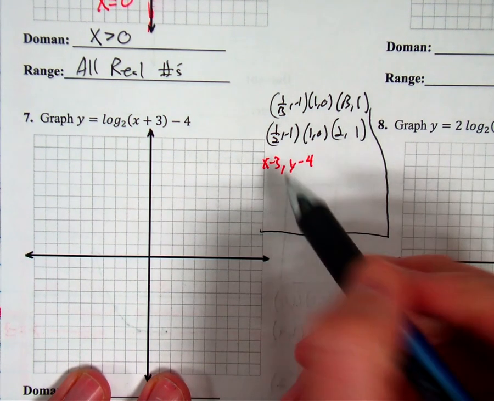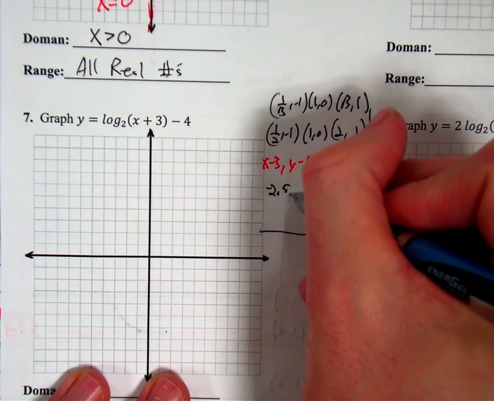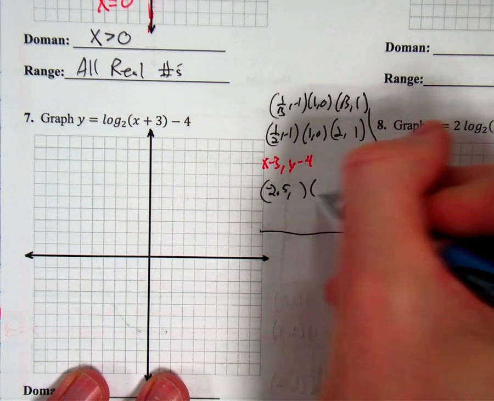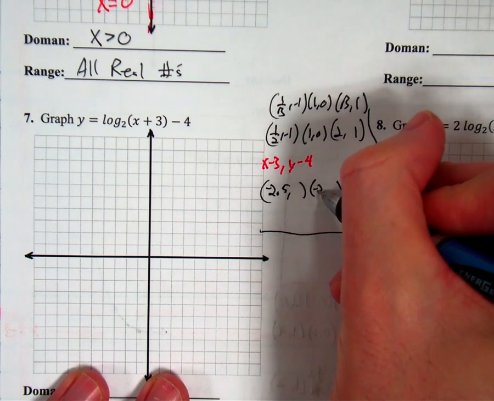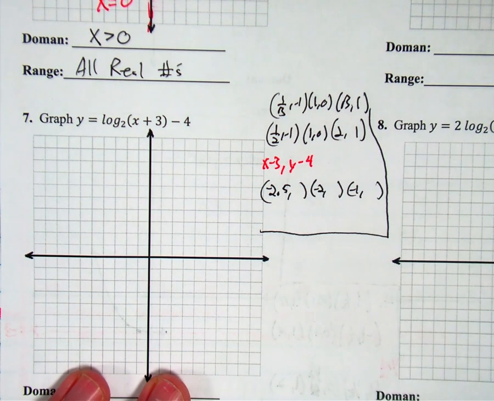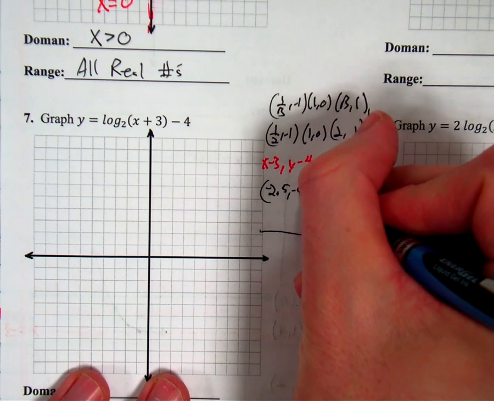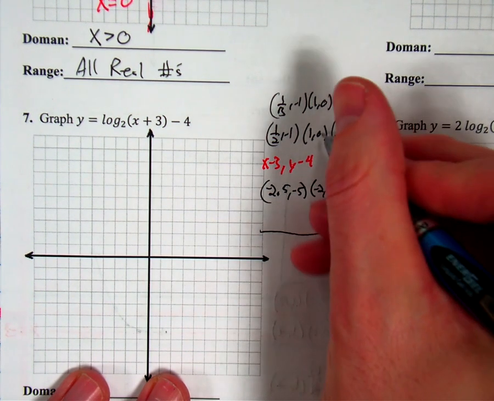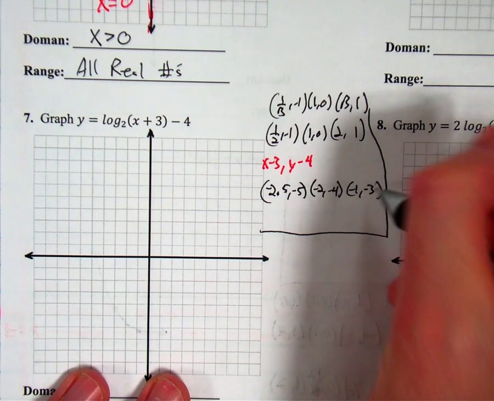So half minus 3, negative 2.5, comma, we'll come back and get it in a minute. 1 minus 3, we have negative 2. 2 minus 3, we got negative 1. Negative 1 minus 4, we got negative 5. 0 minus 4, we got negative 4. 1 minus 4, we got negative 3.